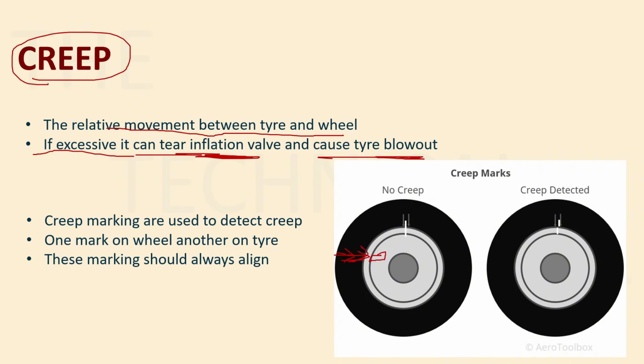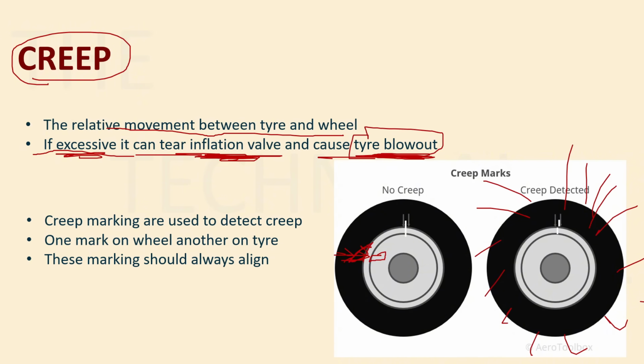That is an inflation valve. If the tire has an excessive amount of creep, this inflation valve can get damaged and the tire can have a blowout. A blowout is a sudden explosion of the tire. All the gases inside the tire will suddenly explode and cause the tire to blow out. So creep, if not treated, can result in a tire blowout.